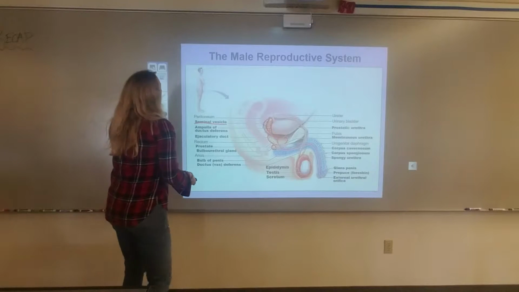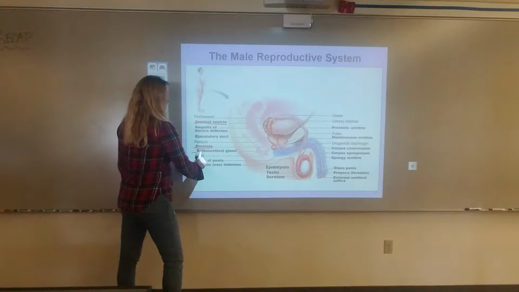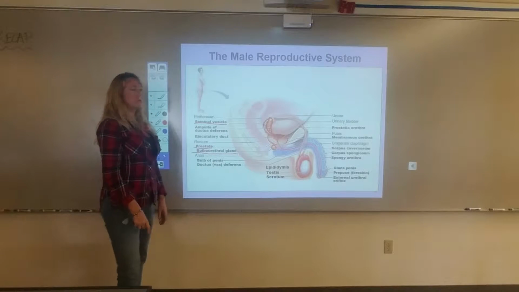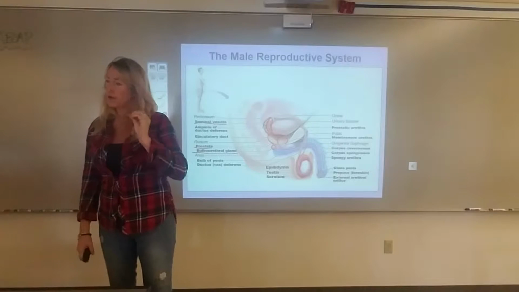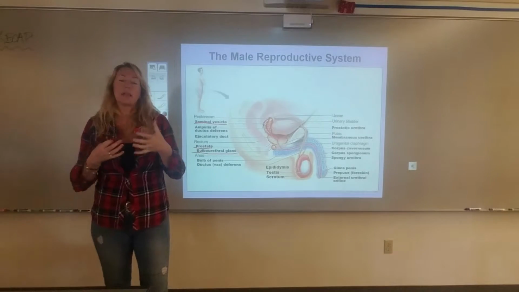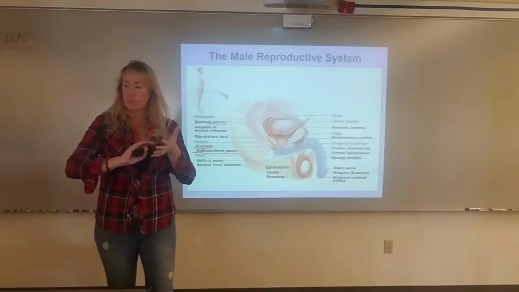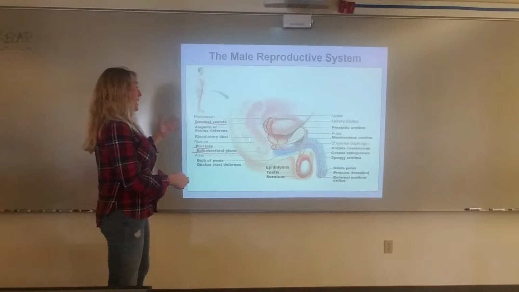Seminal vesicle, prostate gland, and bulbourethral gland. Those are all making different components, fluids that contain water, sugar, salts, nutrients, calcium, things that are going to protect and nourish the sperm as they traverse through the ducts and then make it to perhaps the female reproductive tract.